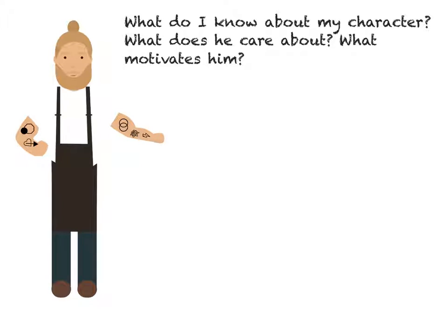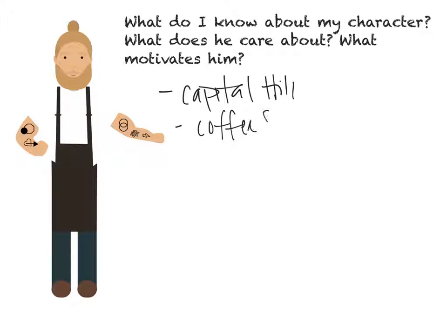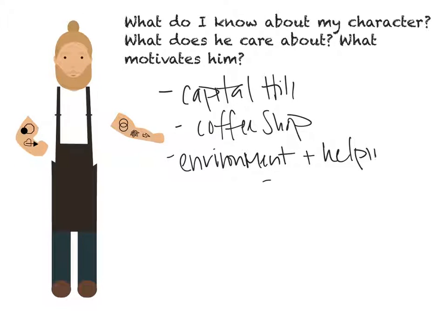So I'm just going to brainstorm some ideas. If I have a hipster dude, maybe he lives on Capitol Hill. He works at a coffee shop. He's super into the environment and helping people. Maybe he's very chill, might be an adjective I use to describe him.